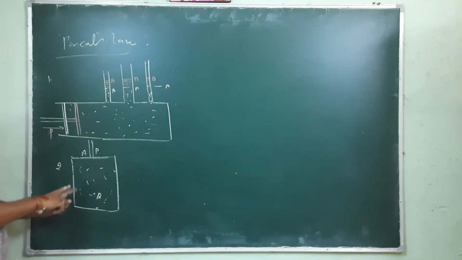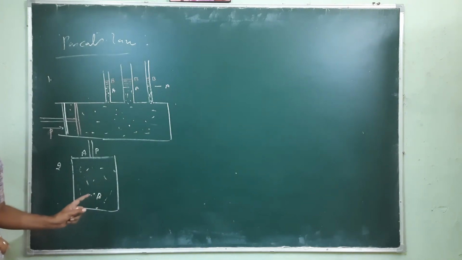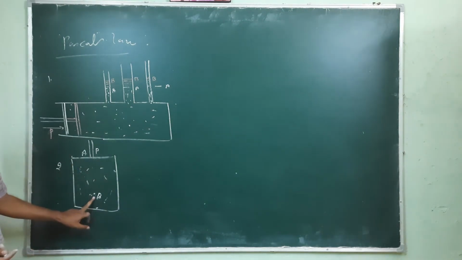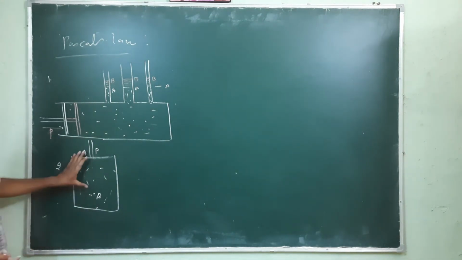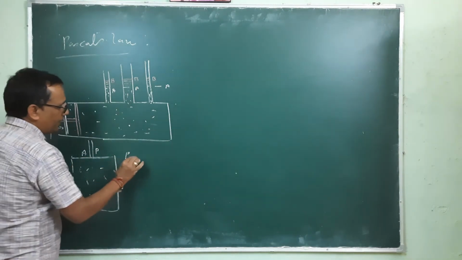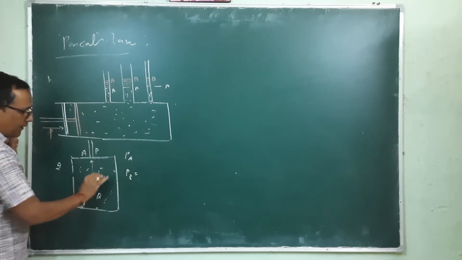One condition is that this liquid is incompressible, density is identical. Whatever pressure we are applying here, that increase in the pressure, obviously there will be a pressure difference. Here we can call them PA and PB, to differentiate this pressure as the liquid column H.